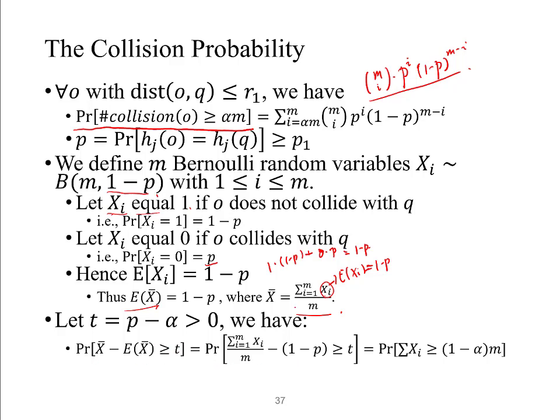We use the mean of X and the formula here, and for t equal to p minus alpha, we finally get this. This is the probability that the sum of X_i is greater than or equal to (1 minus alpha) times m.